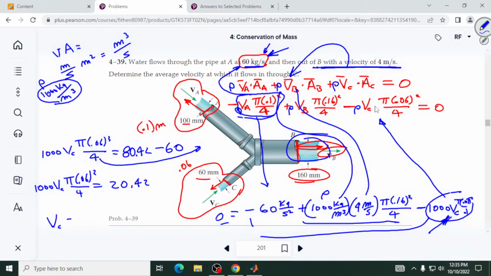So now my V_C should be 20.42 times 4 divided by pi, 0.06 squared and 1,000. Okay, I have no clue what that's going to be close to.